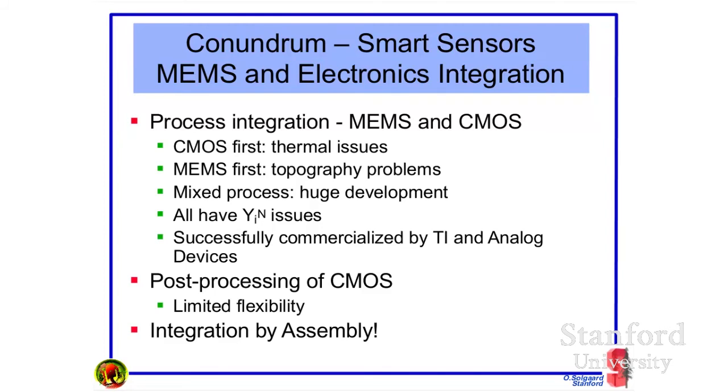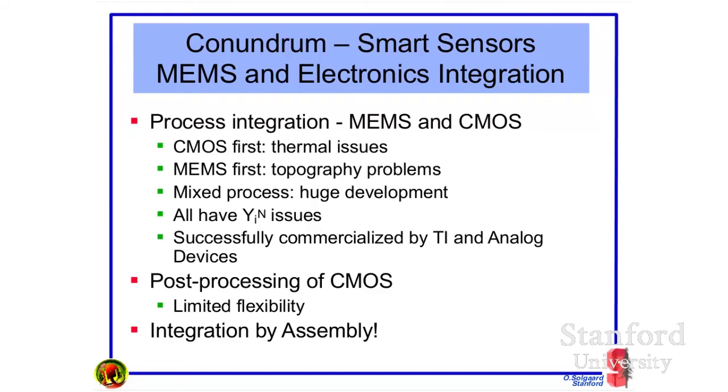But I worked with people here who worked with MEMS. And one of the conundrums for MEMS is this idea that since we're making it on silicon, we should put some intelligence into the sensor. And I showed you examples of that already with Texas Instruments technology.